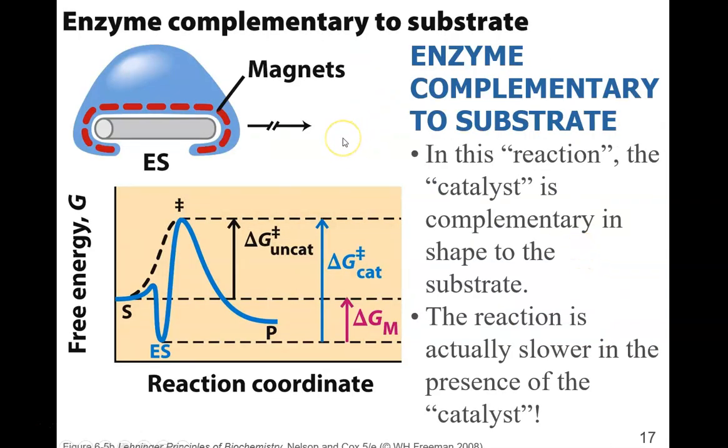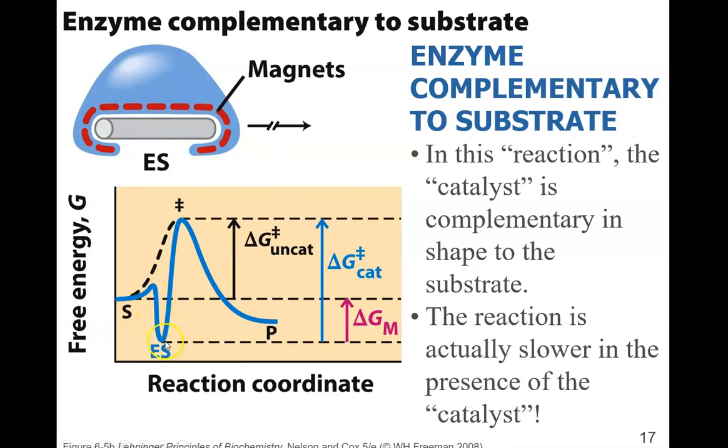Now here is what we envision if the enzyme were to be complementary to the substrate. So here, if my metal was a magnetic metal, and this is my enzyme, which is shown in this blue blob right here, and if these red things right here are magnets, you would see that you would form a very, very stable interaction between the enzyme and the substrate. So here's the substrate.